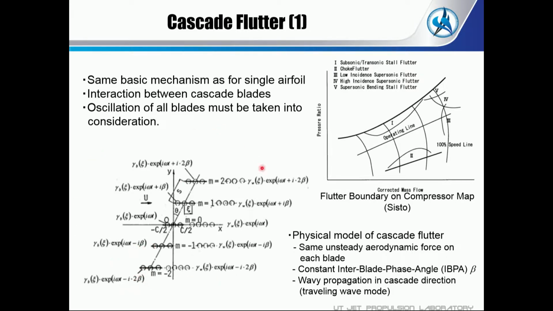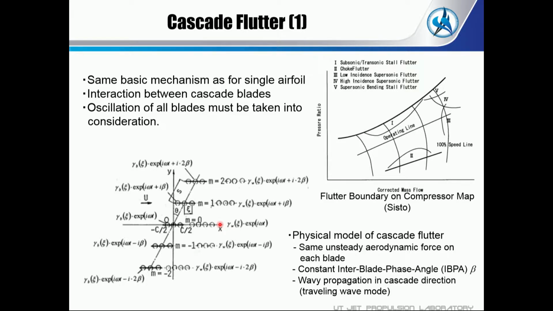So in this model, there is the same unsteady aerodynamic force on each blade, but there is a constant interblade phase angle, IBPA, beta. It means we have a wavy propagation of the unsteadiness in this direction. That is the traveling wave mode expression of the cascade flutter.